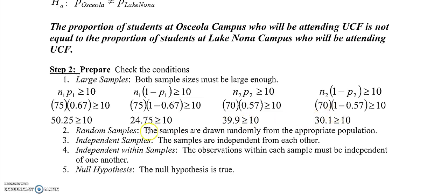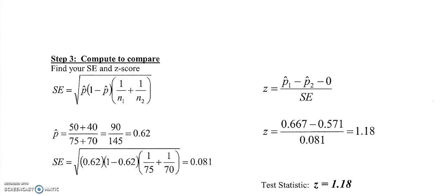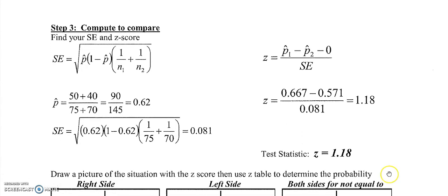The other condition needs to be random, independent, the groups separate from each other, independent within the samples, no one was repeated, and the null hypothesis is assumed to be true. Now, to do the work by hand, notice that the SE formula is longer. It's the square root of p hat times 1 minus p hat times 1 over n1 plus 1 over n2.